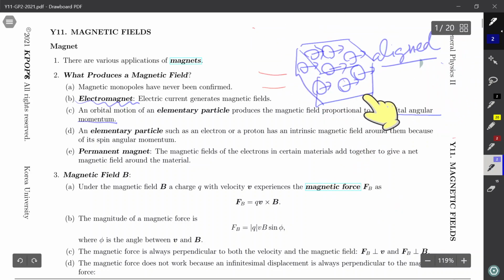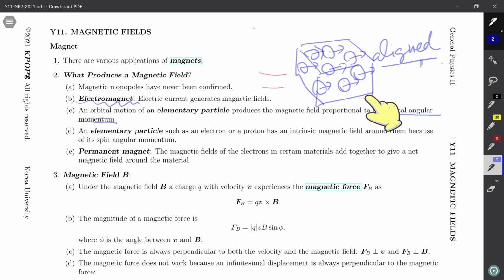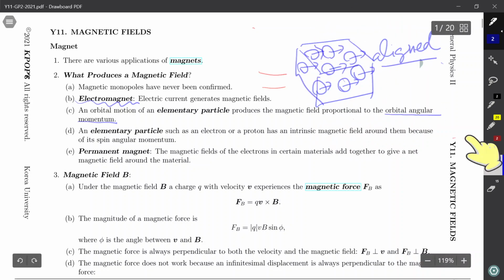Once they are aligned and the external electromagnetic field is turned off, usually they return to the original random state, but in some cases they do not return. Once this property becomes permanent, we say it is a permanent magnet. Magnetic fields of electrons in certain materials add together to give a net magnetic field around the material. This is an unusual case.